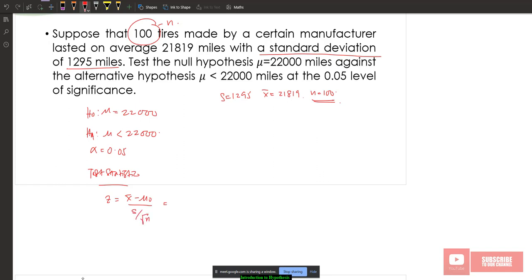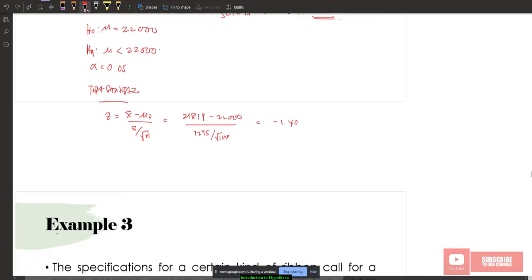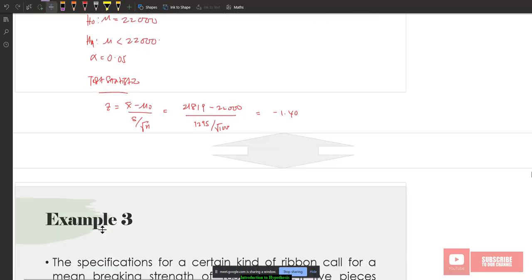So this one is 21,819 minus 22,000, divided by 1295 over square root of 100. This is equal to negative 1.4.